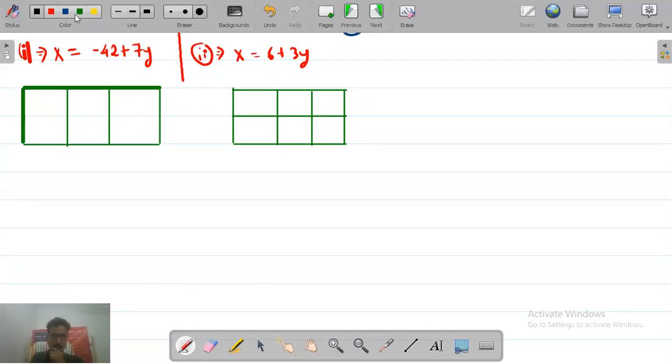Let me draw one line here and one line here, yes or no? Here x and y, and here x and y. What is the value of y here?